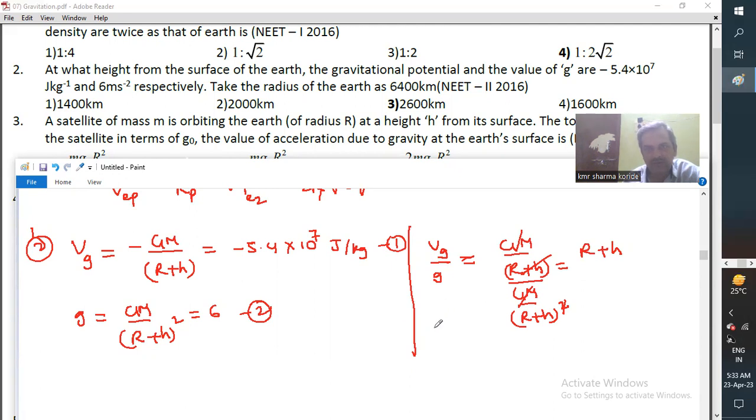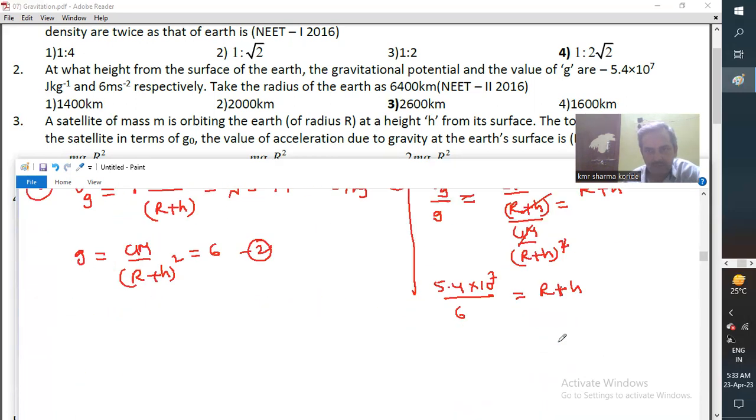Therefore Vg is 5.4, so you can cancel minus on both sides. Vg is 5.4 into 10 to the power of 7, then g is 6, equal to R plus h.